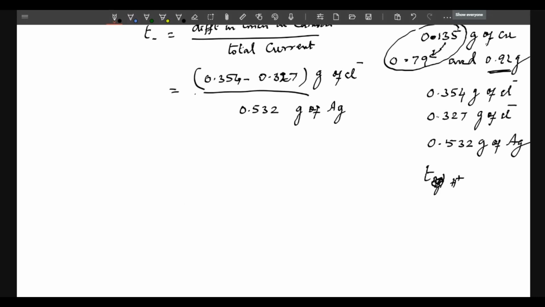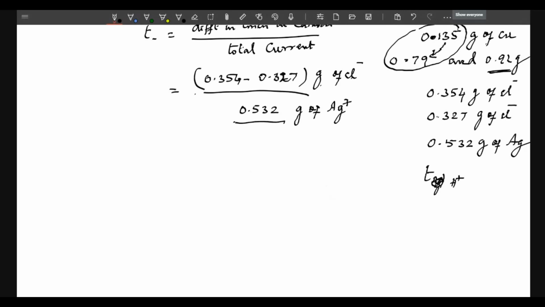You should not solve the problem having gram of chloride and gram of silver. You should convert into the equivalent weight. How do you convert the gram of the chloride into equivalent and the gram of silver into equivalent? Tell me. Divided by the atomic weight, because it is having the plus charge only.